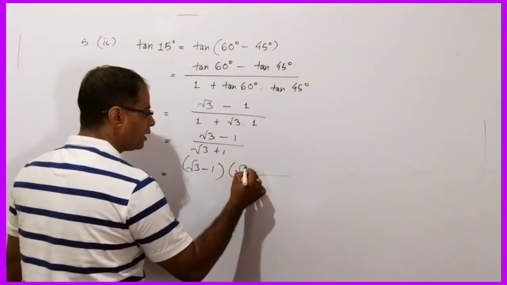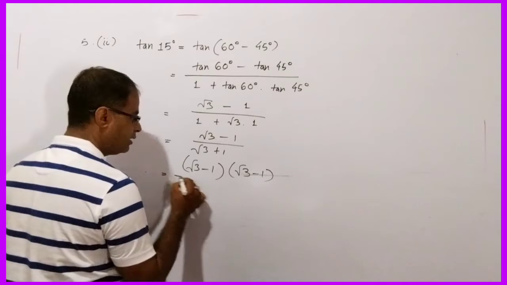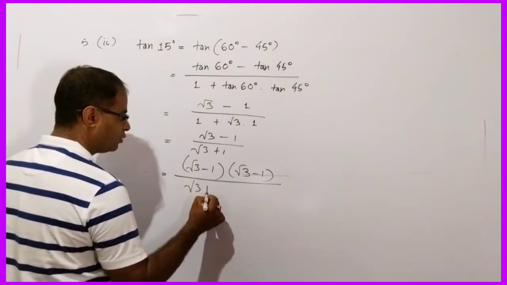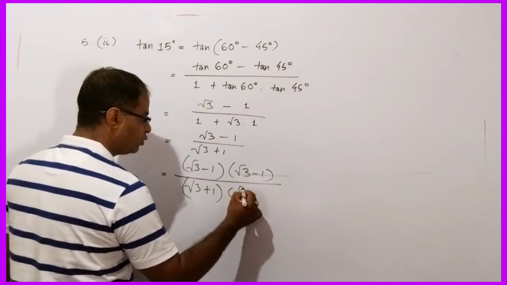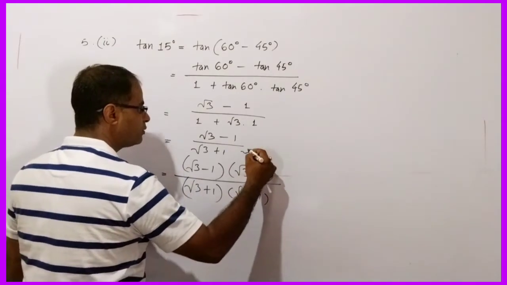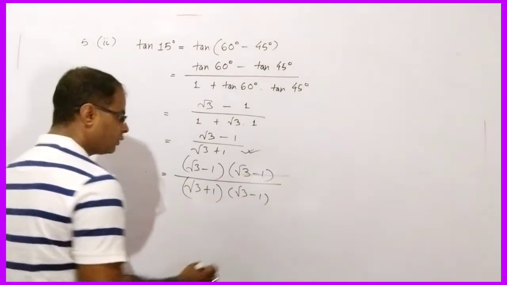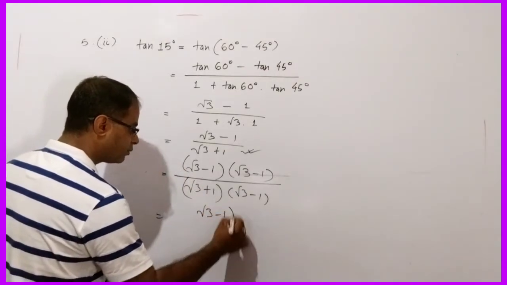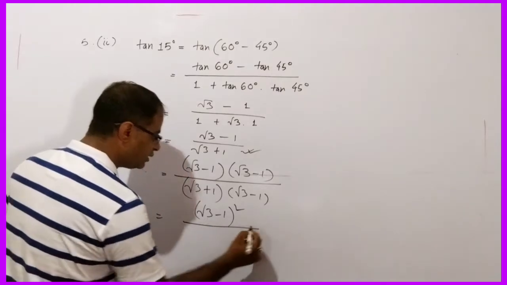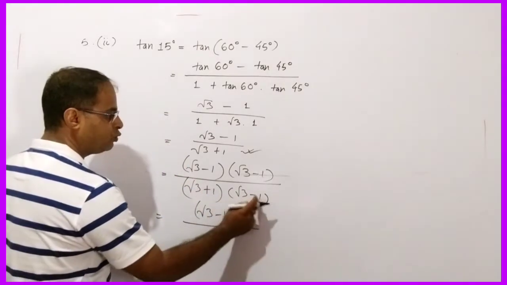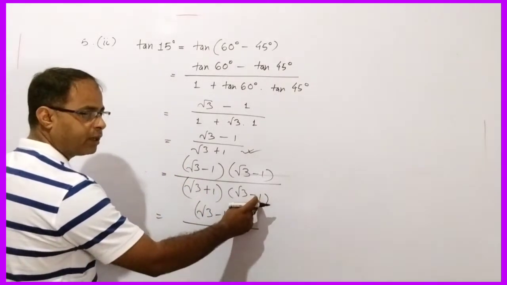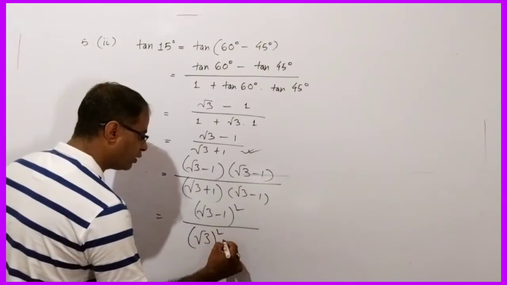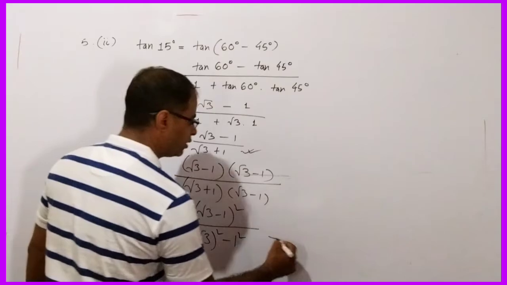Now again multiply and divide by root 3 minus 1. Root 3 plus 1 into root 3 minus 1 is one of the standard results, right? In the numerator we get root 3 minus 1 whole square, and in the denominator it is in the form of a plus b into a minus b, which is a square minus b square. That means root 3 whole square minus 1 square.